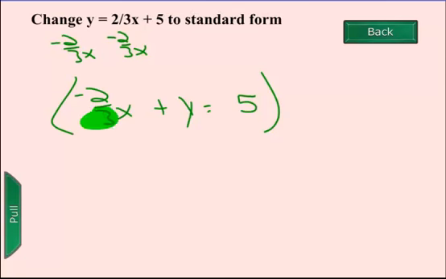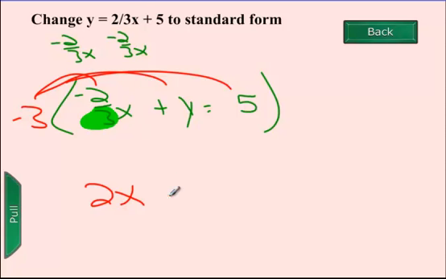So what's in the denominator, that's what I multiply by, and I have to make it positive for the a term, so I'm going to multiply by -3 the whole way through. So negative times a negative is positive, that's what we want for the x term, and if I have 3 times 2 is 6, divided by 3 is 2, so it'll be 2x, distribute to get -3y equals -15, very good stuff. 2, -3, and 15, A, B, and C.